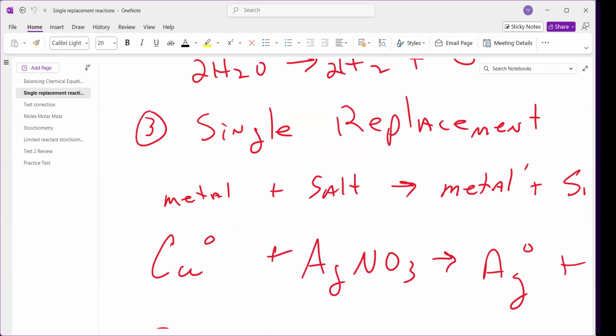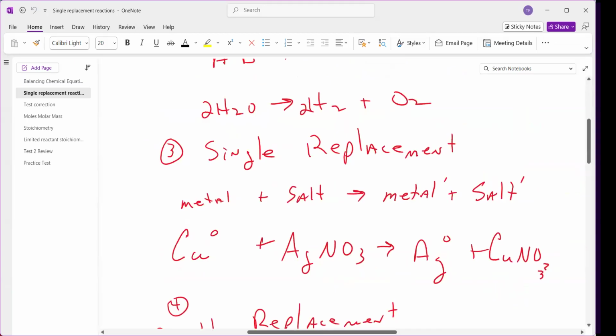That's where you start with a metal and a salt, and then something happens to the metal. The metal becomes a salt, and the salt becomes a metal.